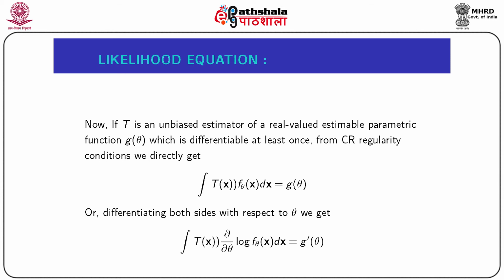If the parametric function g(theta) is differentiable at least once, then from the Cramer-Rao regularity conditions, we directly get, by differentiating both sides of the above expression with respect to theta, that the integral of T(x) times the partial derivative of log f(x) times f(x) dx equals g dash (theta).